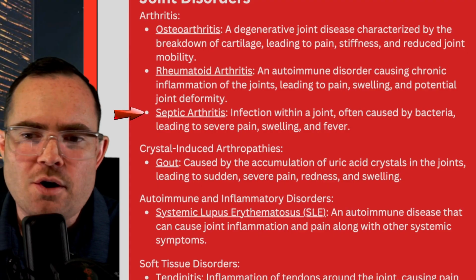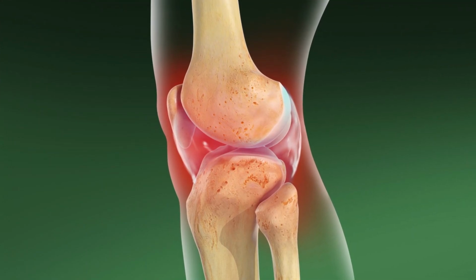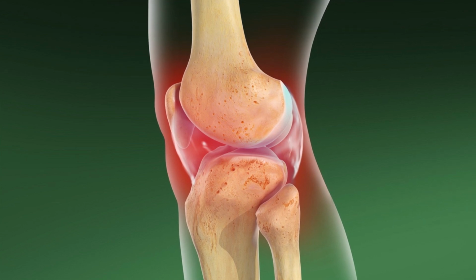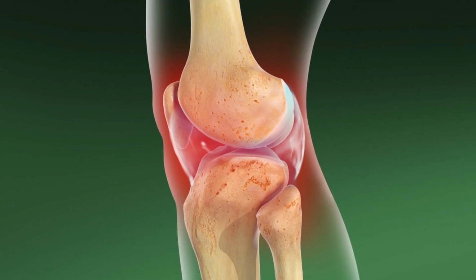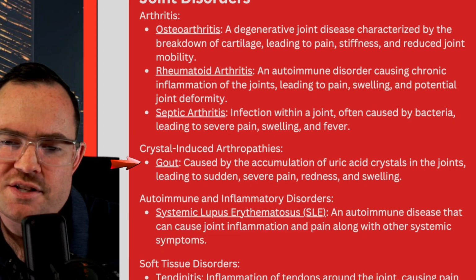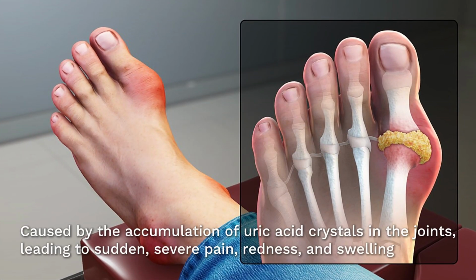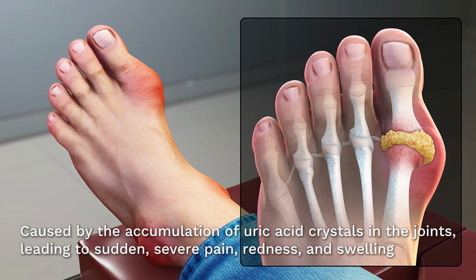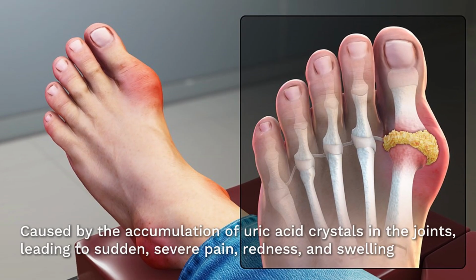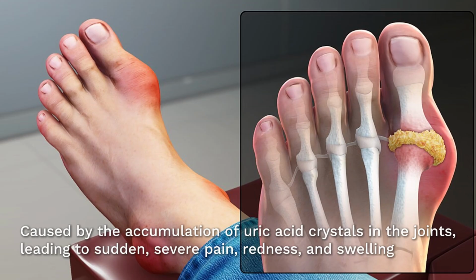Next, we're looking at septic arthritis, an infection within a joint, often caused by bacteria, leading to severe pain, swelling, and a fever. Next, these are called crystal-induced arthropathies, starting with gout. Gout is caused by an accumulation of uric acid, highlight that, uric acid crystals in the joints, leading to sudden, severe pain, redness, and swelling.